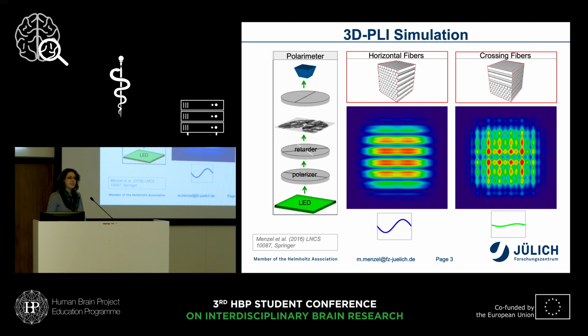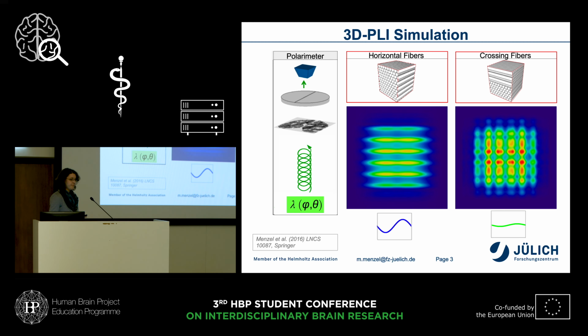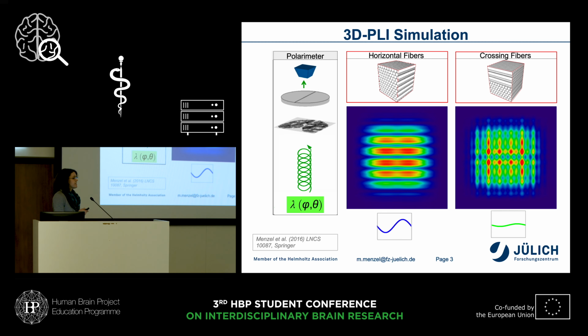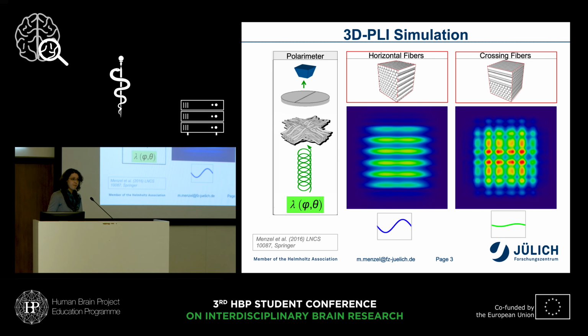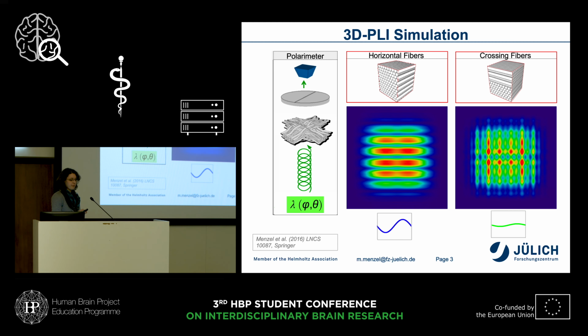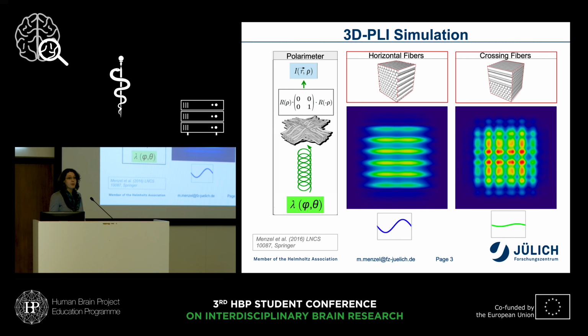Here you see how I simulated the PLI measurement for two simple fiber configurations. So I model the light source as a plane monochromatic wave with a certain wavelength and angle of incidence with circular polarization. The sample is represented by an artificial nerve fiber configuration, the other polarizer by a matrix, and then I compute the transmitted light intensities.